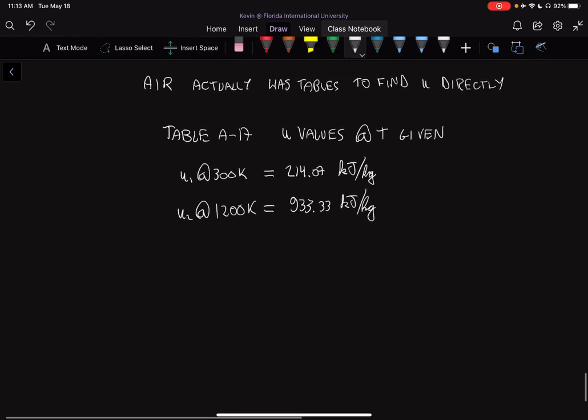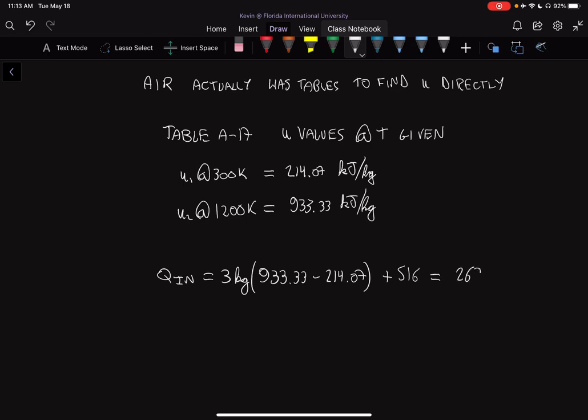And so now we can solve our problem using the values for U and not having to do mCV delta T, but just m(U2 minus U1). So we have mass, 3 kilograms, multiplied by little u2 minus little u1, which is 933.33 minus 214.07, plus 516, which is equal to 2674 kilojoules.